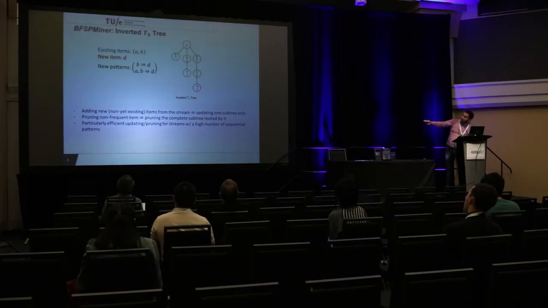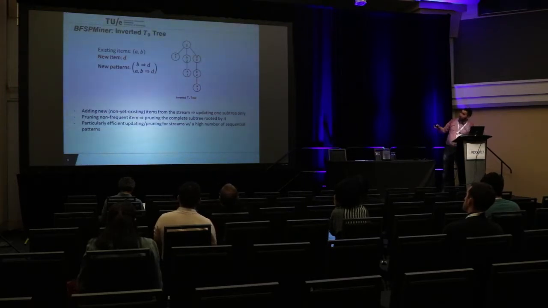So now the pattern ABD can be extracted by traversing this subtree in a bottom-up way. Of course, if we add some items that have already appeared somewhere else, we can also add the timestamps of appearances.